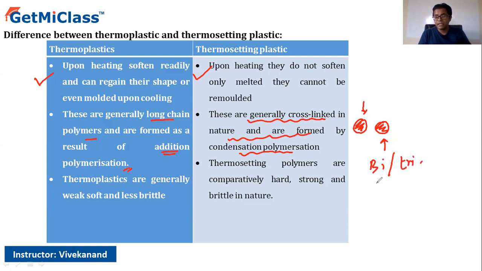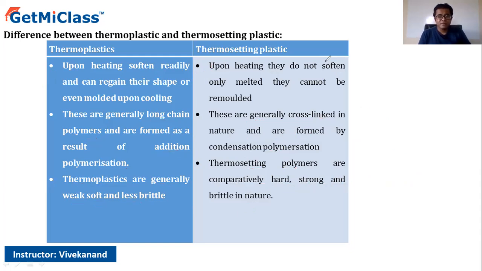So once you heat it again, it forms more cross-linking with the help of the bifunctional or trifunctional groups present in the monomers. Now the third aspect: thermoplastics are generally weak, soft and less brittle, while thermosetting plastics are comparatively hard, strong, and brittle in nature. So these are the differences between the thermoplastic and the thermosettings.